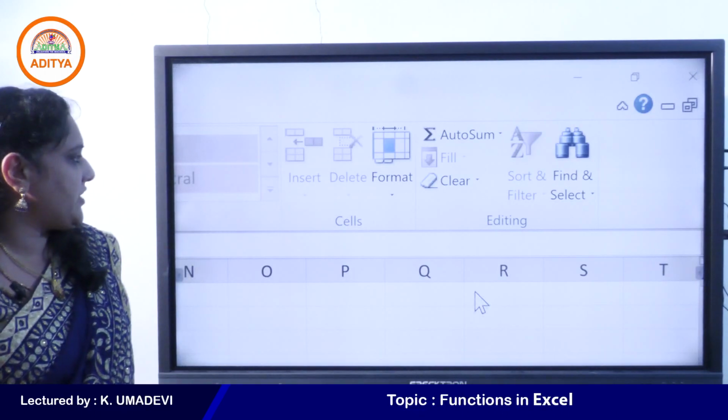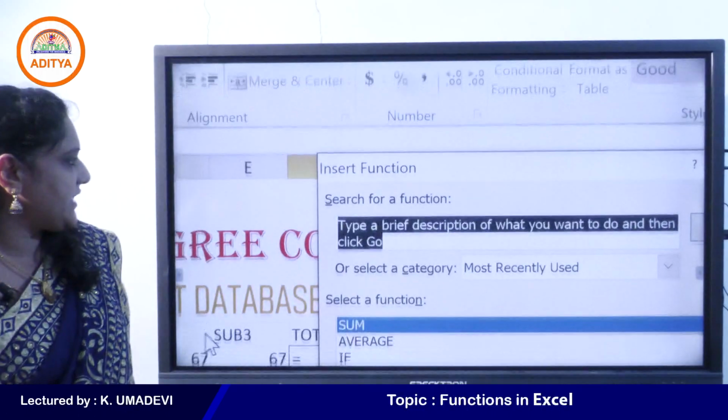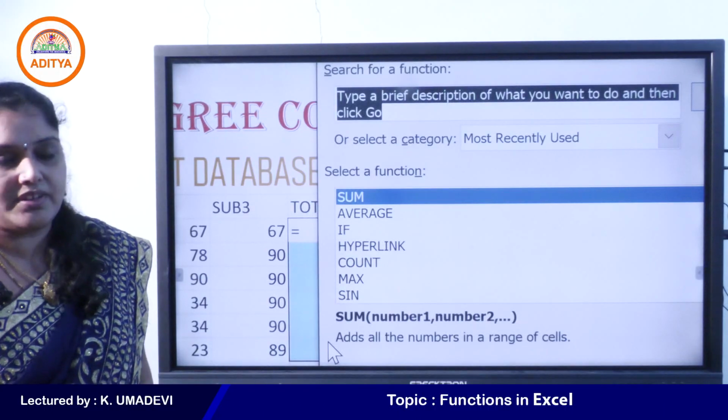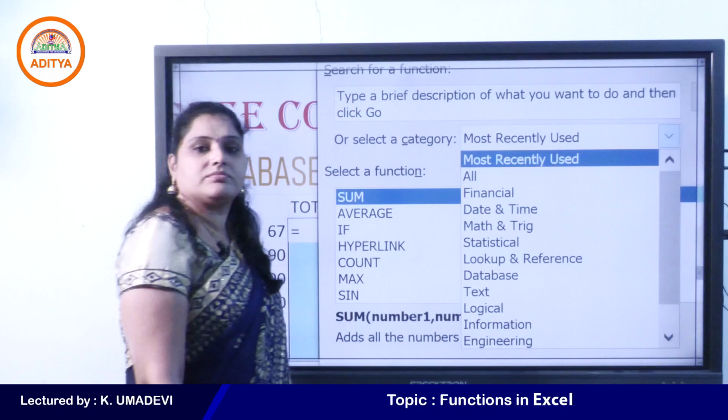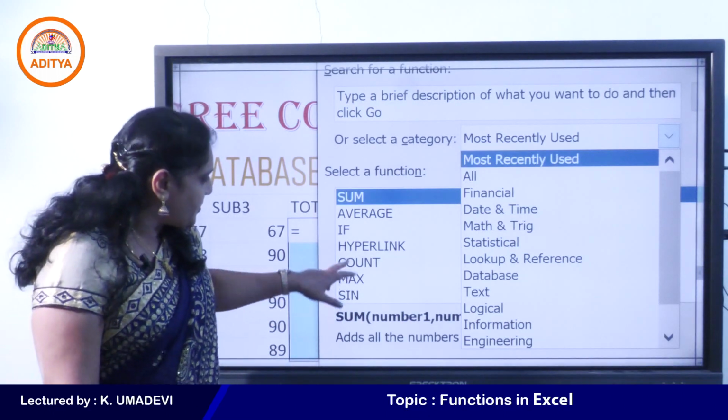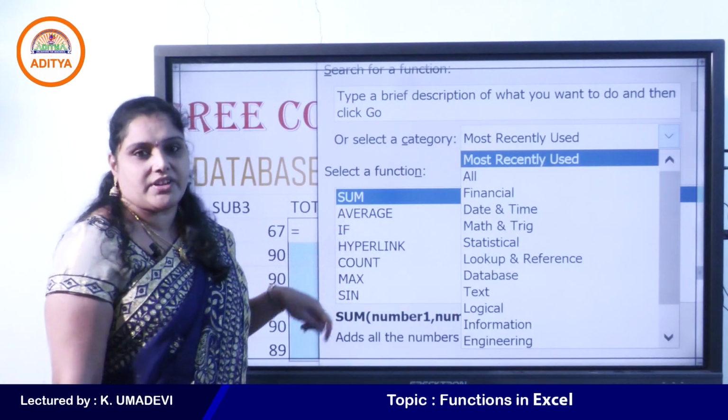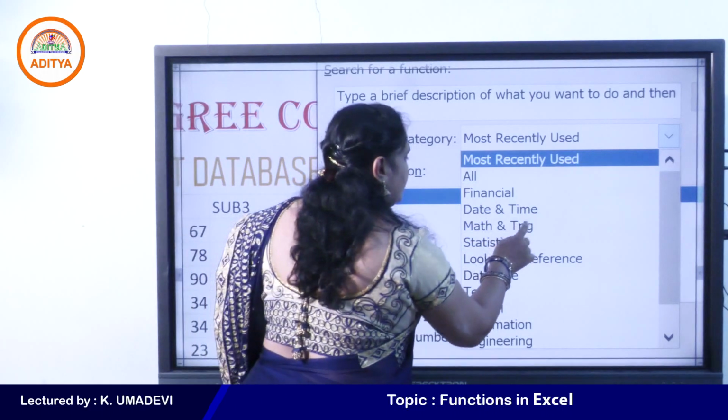When you click on more functions, you will get the insert function dialog box. So first select a category. Otherwise you can search for the product function among all these functions, okay.